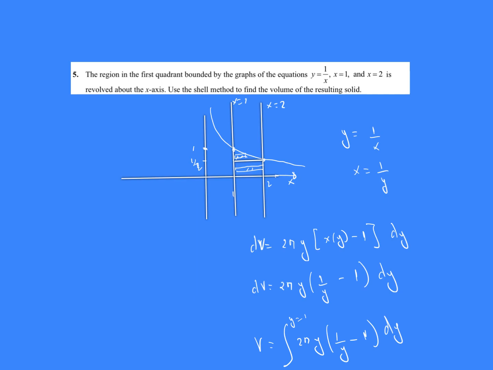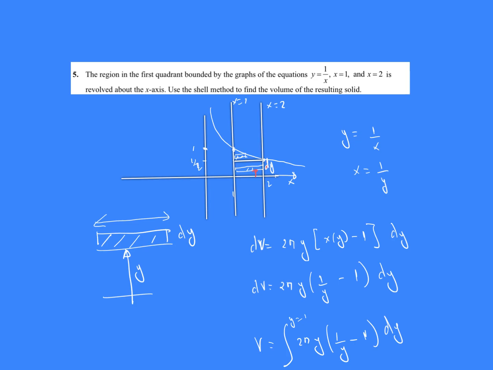So the small volume performed by one stripe, by one sectional area, is 2 pi, the height of the stripe y, the width d dy, and this length.